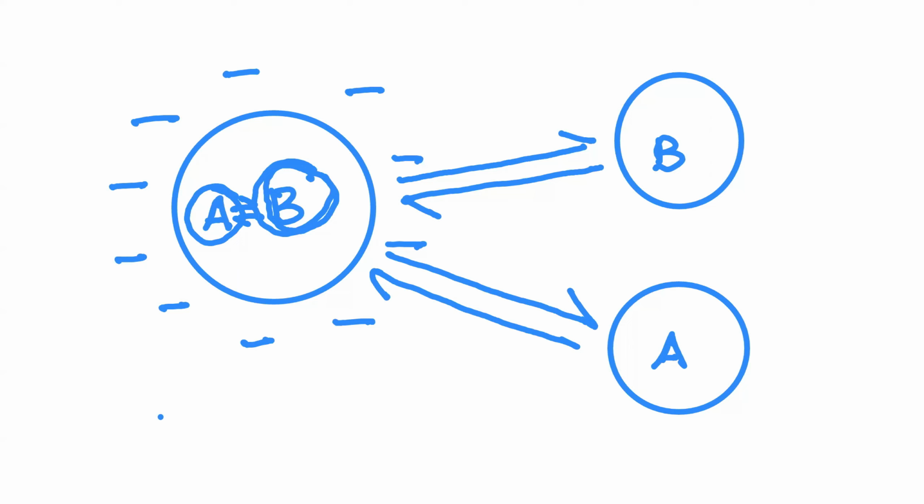Okay. There's another house in this village. In this house, there is no one. No one means zero.